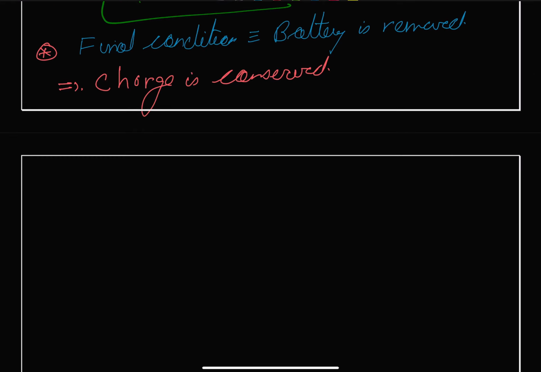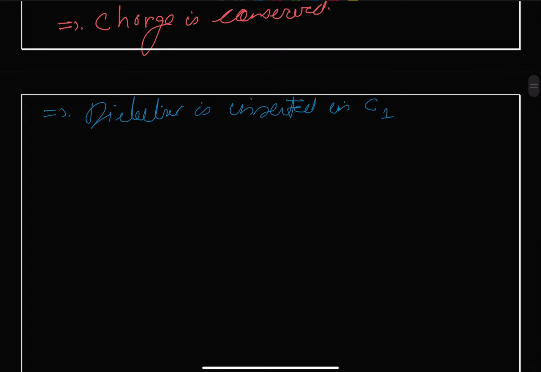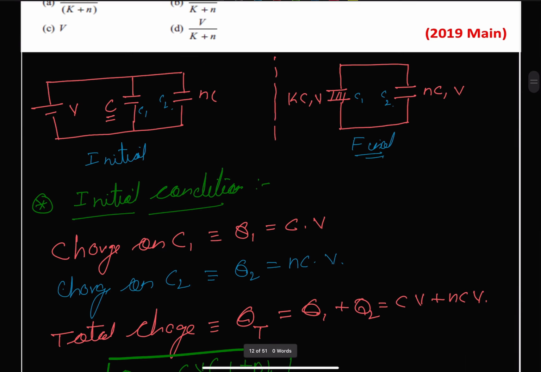So we can say that dielectric is inserted in capacitor 1. Therefore, new capacitance, let us call this as C1 prime, will be equal to K times C1, and this comes as K times C. Okay, let us call this as C1 prime.